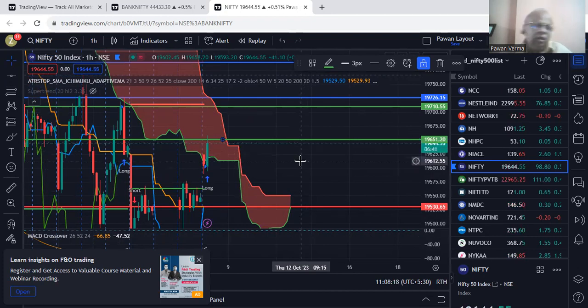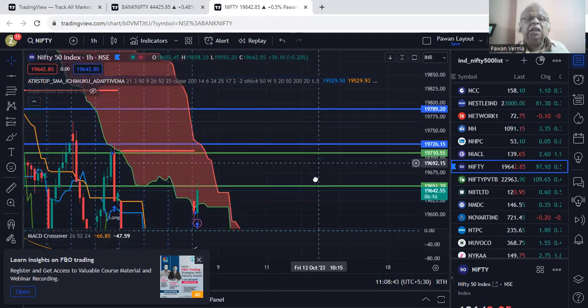If the Nifty trades above 19,640 to 19,651, above these levels, then one could enter into the trade for the target of 19,726. This is the first target which we are just expecting.